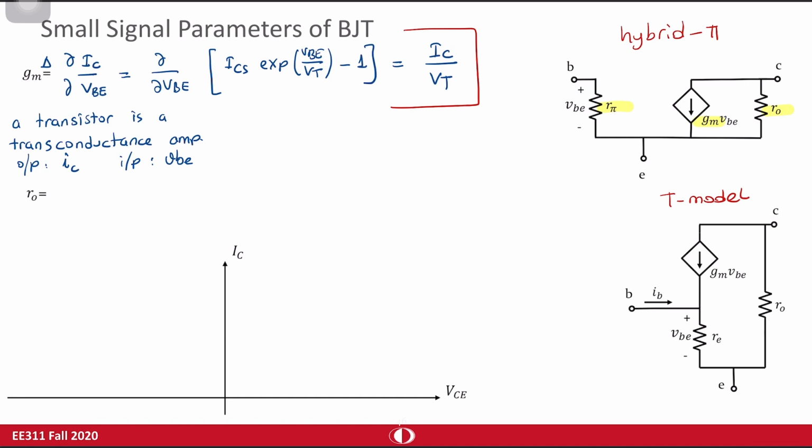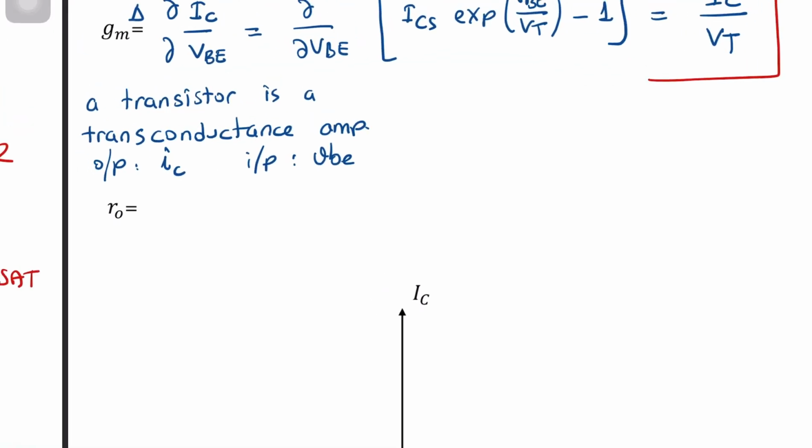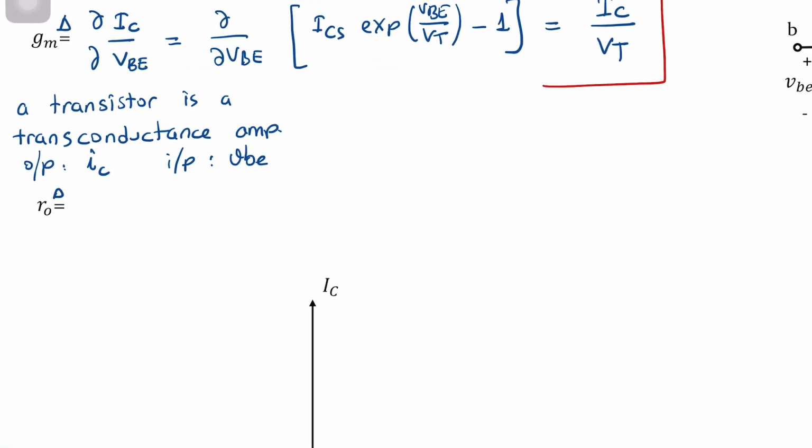For R0, again, we can continue with definition. By definition, this is the output resistance. It is output voltage divided by output current, and it should be a partial derivative.